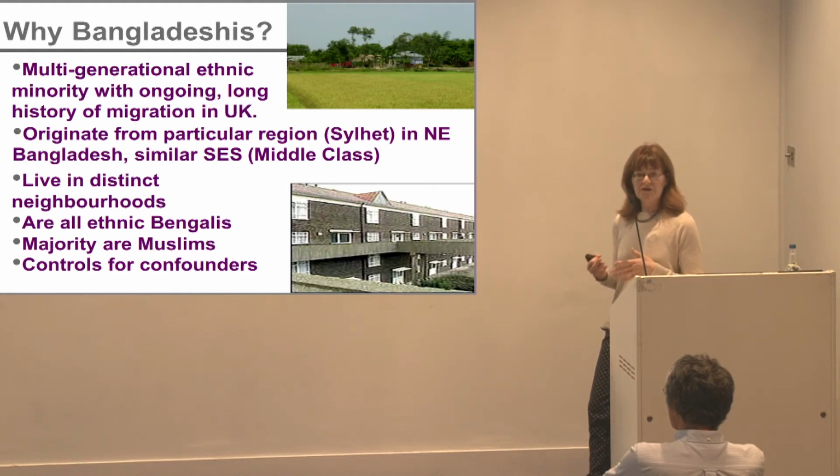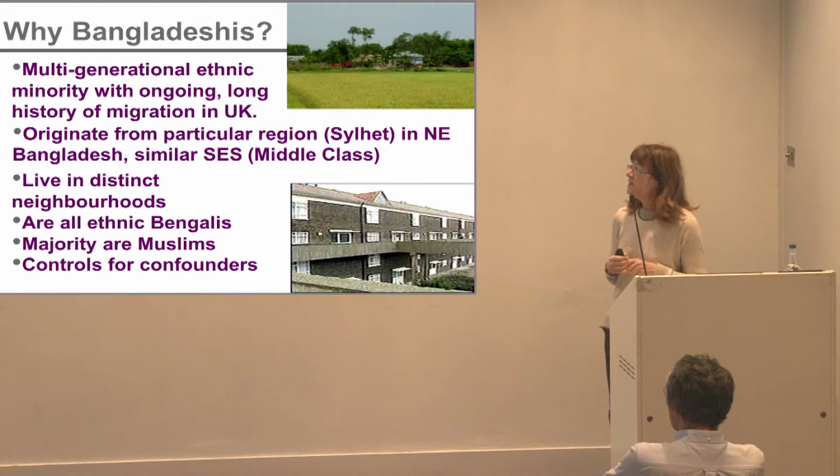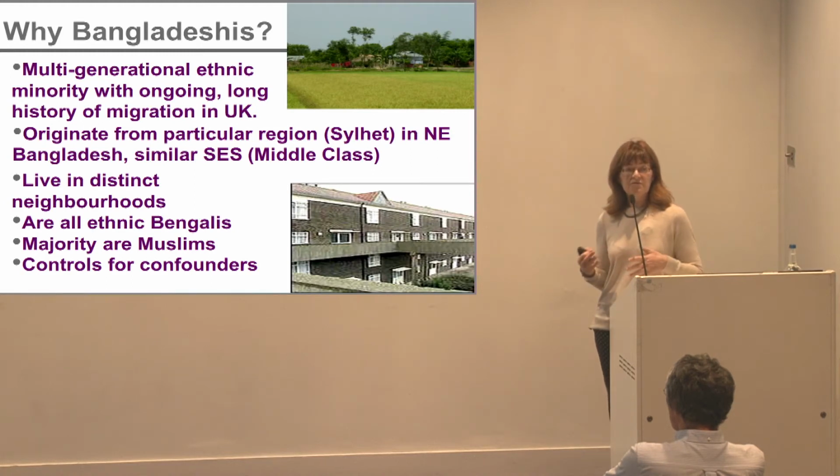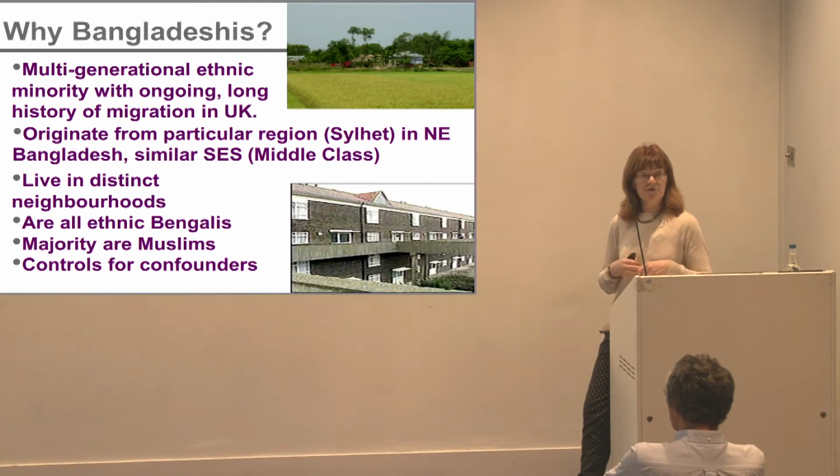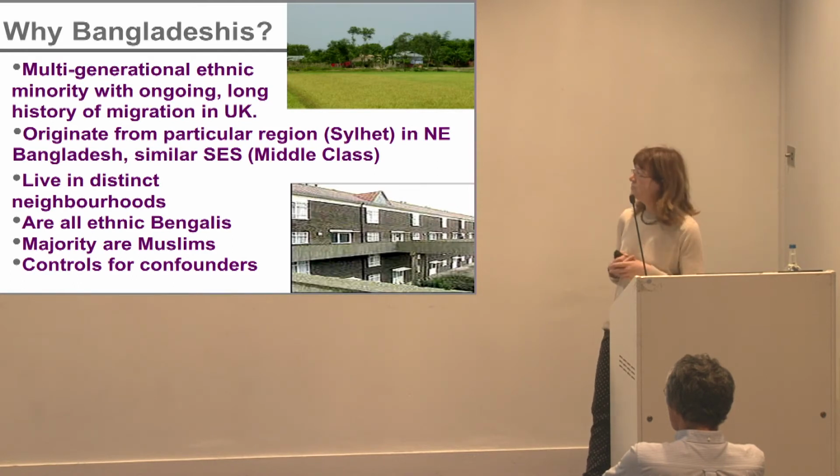Of course, once Bangladeshis get to Britain, because of exchange rates with their own currency, they tend to be on the lower socioeconomic status bar in the UK, but they do originate from upper classes in their own country. Once in Britain, at least the first generation tended to settle in distinct neighborhoods. So again, you can control for the region where they live.